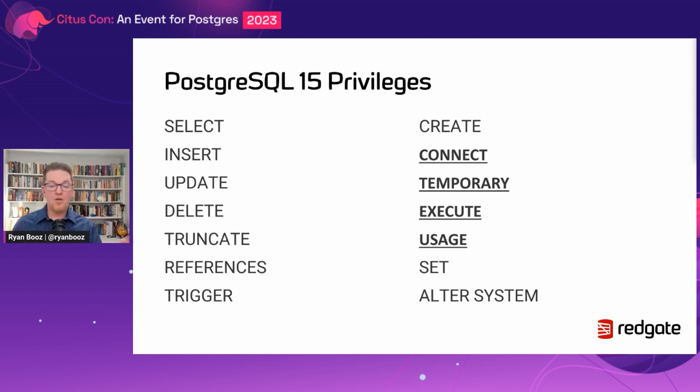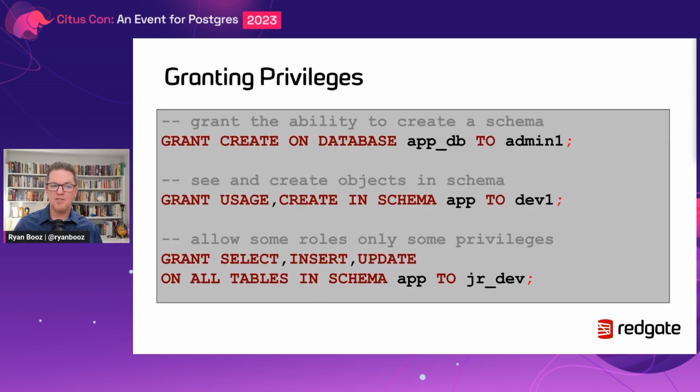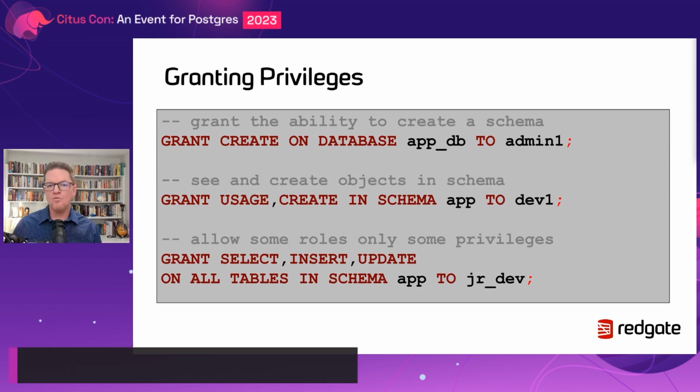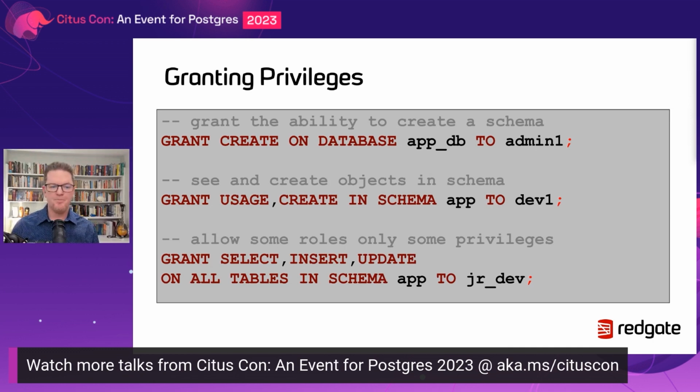So let's talk about a couple things where it comes to privileges. It's fairly easy to apply privileges at a database, schema, or object level. We say grant the kind of privilege we want to grant on what kind of object, a database, a schema, maybe a table, to whom, and what role it is that you're actually applying it to.